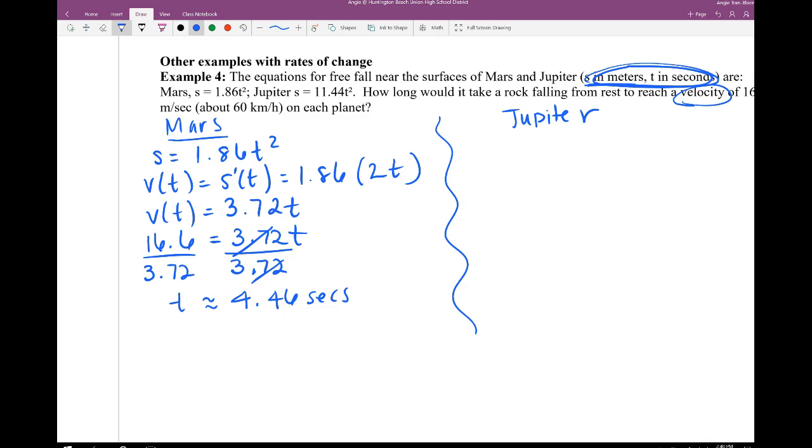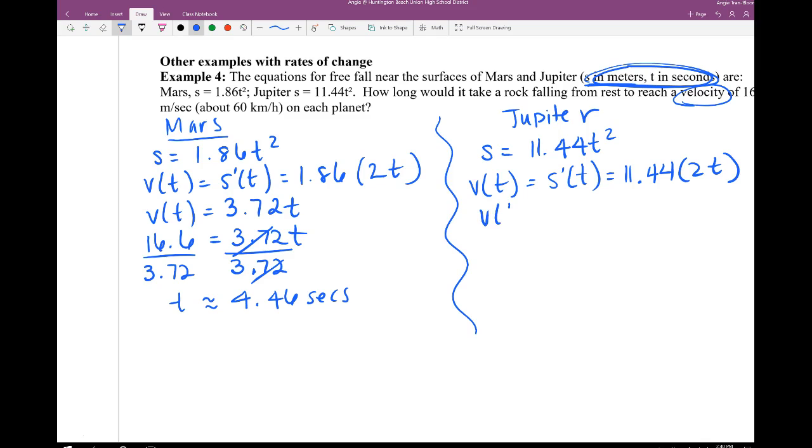Now let's do the same thing for Jupiter. For Jupiter, the equation of position is 11.44 t squared. So velocity with respect to time is just S prime. So that's going to be 11.44 times 2t.